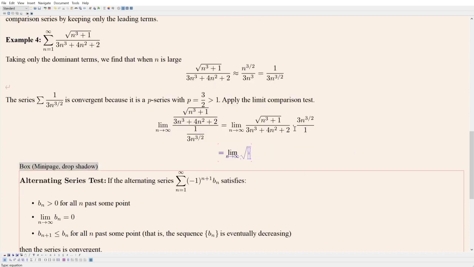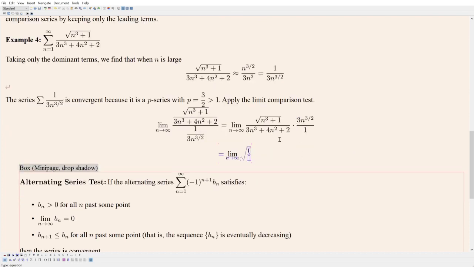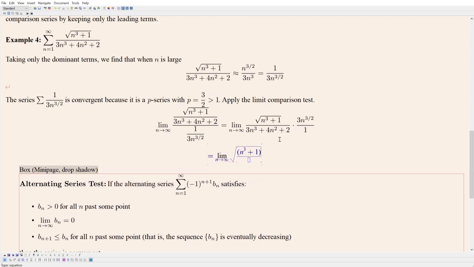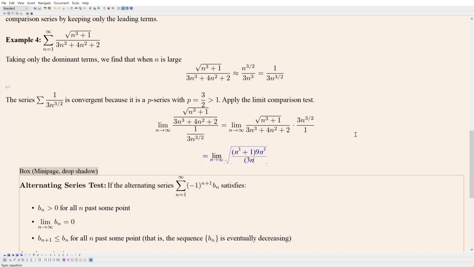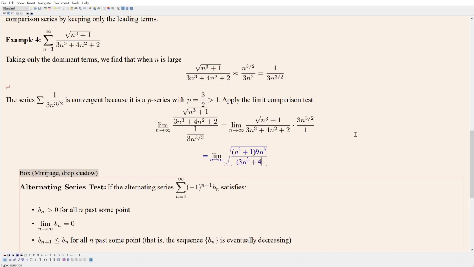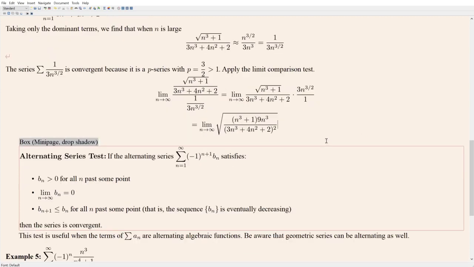So on the top, we have, well, let's see, n cubed plus 1. Here, 3 is the same as square root 9, and n to the 3 halves, that's the same as square root n cubed. On the bottom, this is the same as the square root of all of this junk squared. Like so. And now, because the square root is continuous, I can pull this limit inside.